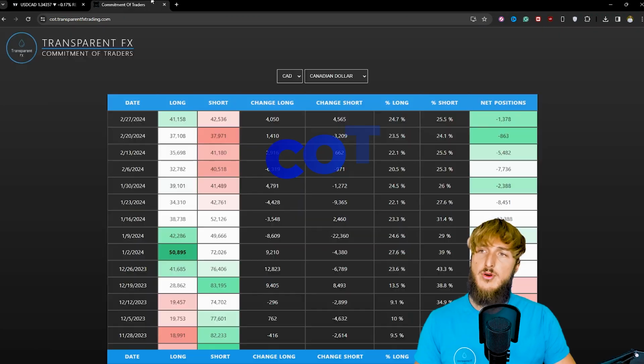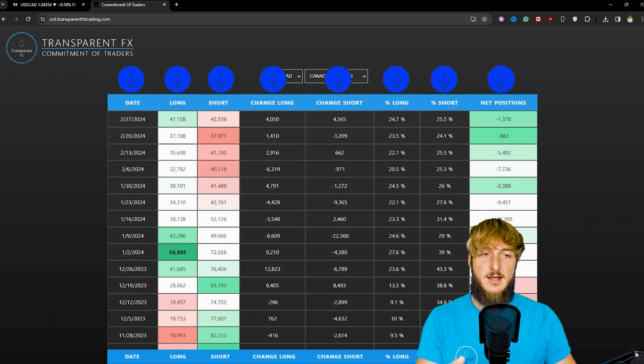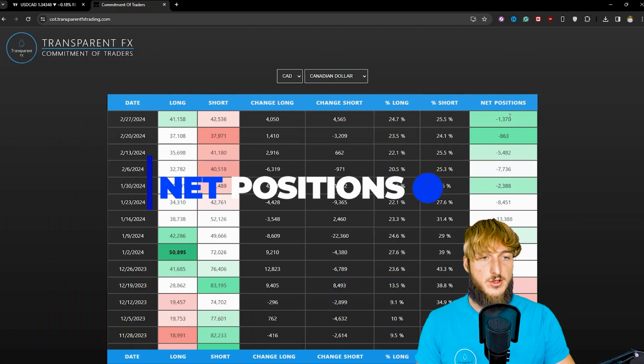Now, if we go and see what we have when it comes to the commitment of traders, so the COT data, so essentially what hedge funds and the big players in the market are doing, and we check the data precisely for the CAD, the first thing that we have to keep in mind is that with the last report on the CAD, net positions once again started decreasing.